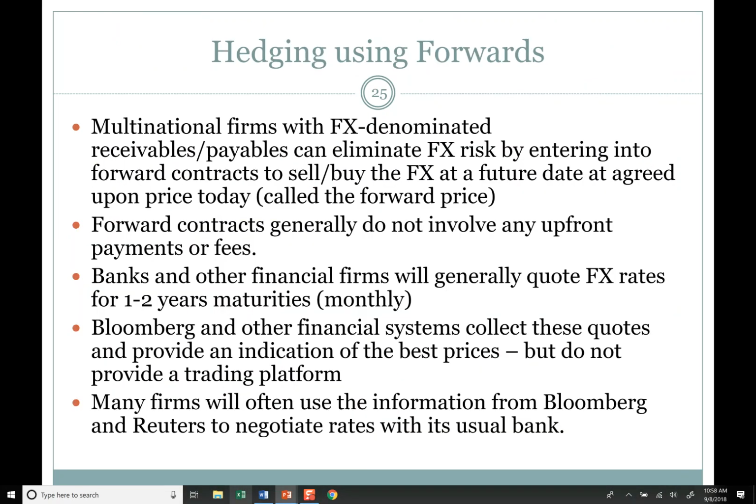All right, last slide here. How do you use this information? If you've got a euro receivable due next year, 10 million, don't worry about what's going to happen to the euro. If you know you're going to have 10 million euros, just enter into a contract to sell 10 million euros next year. If you can lock in a nice margin, why wouldn't you?